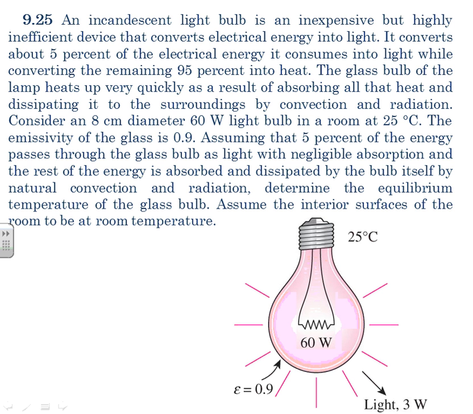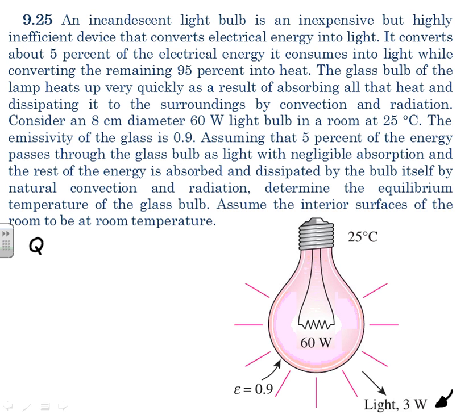And what we're trying to find is, exactly how hot is the temperature of the surface, assuming that we're turning 95% of the 60 watts of a light bulb into heat. So you see here at the bottom, the amount of energy that goes into creating the light is only 3 watts out of the 60.